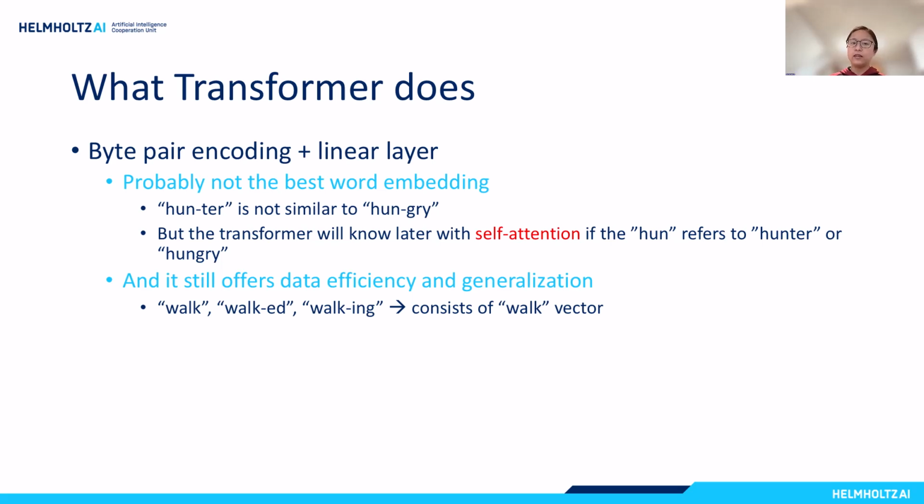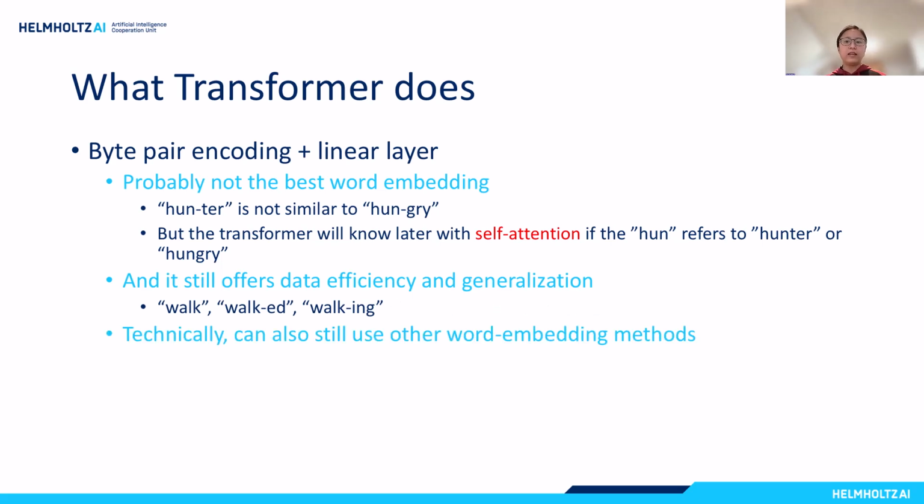Only the endings ed and ing can have additional vectors to differentiate the meaning. And technically, it is an implementation choice and we can always use another word embedding method if we want.